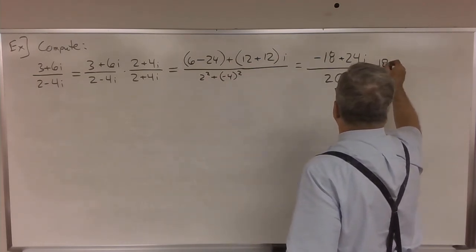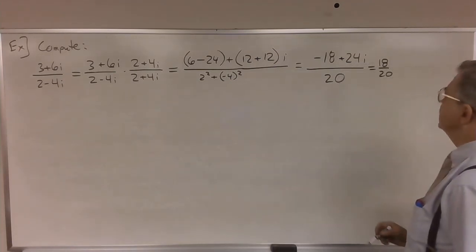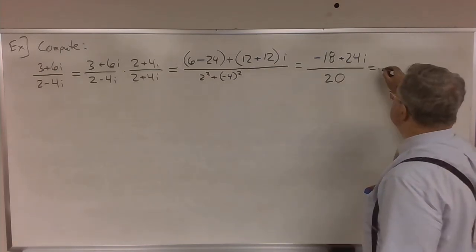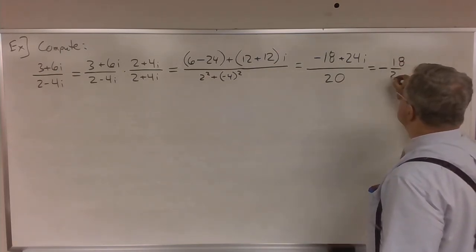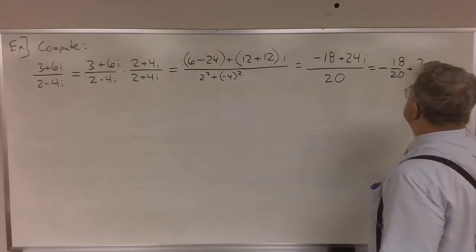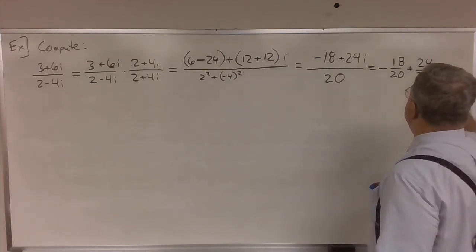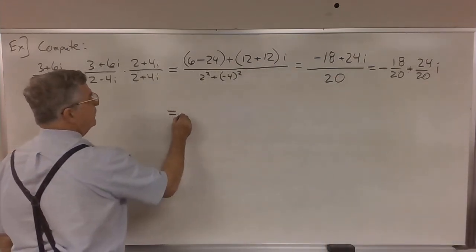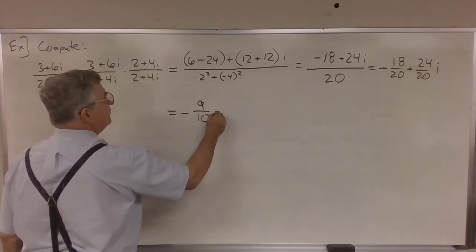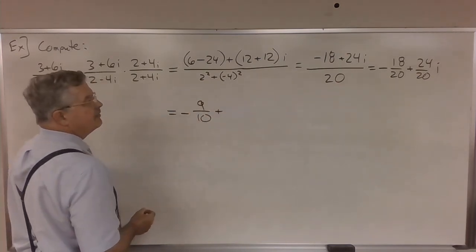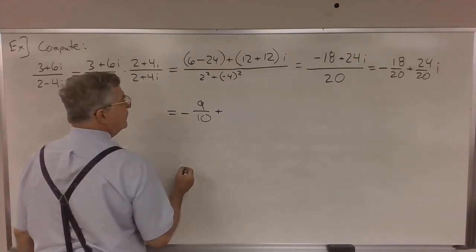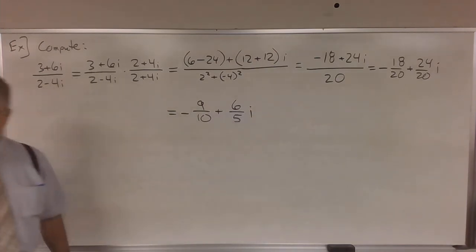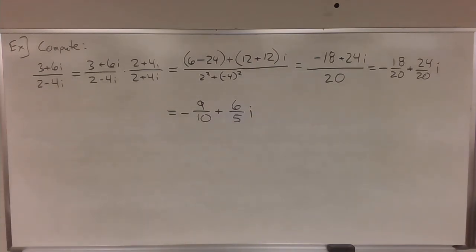So I get 18 over 20. No, I don't. I get negative 18 over 20 plus 24 over 20 i. And just reducing, that's negative 9/10 plus, let's see, common factor of 4, so 6/5 i. And that's the quotient.